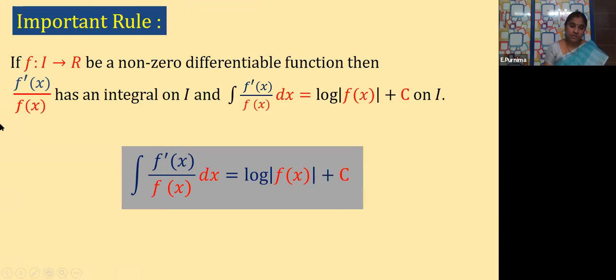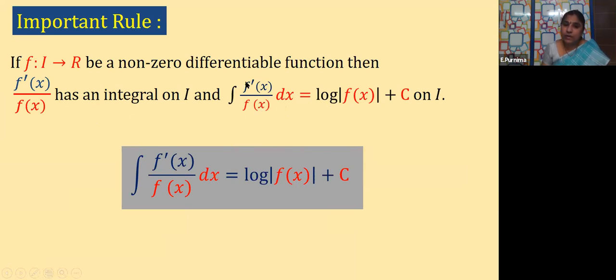So that is a very important rule, children, where you can directly, if the given integral is of this form, you can directly write the solution. It means instead of taking something as t and differentiating and doing the same method what you have done till now, we can directly write this as log f of x.